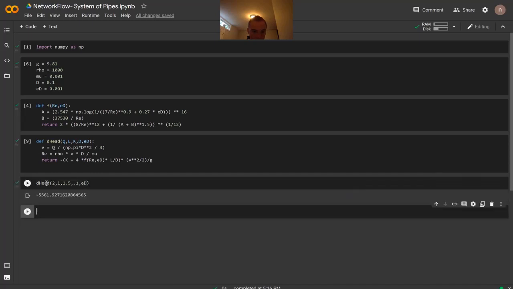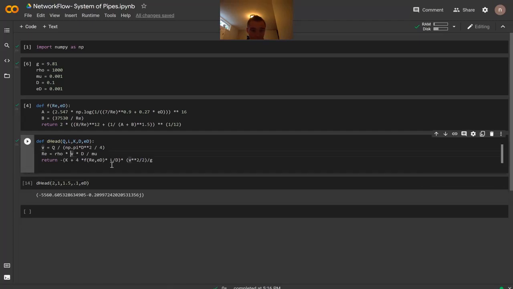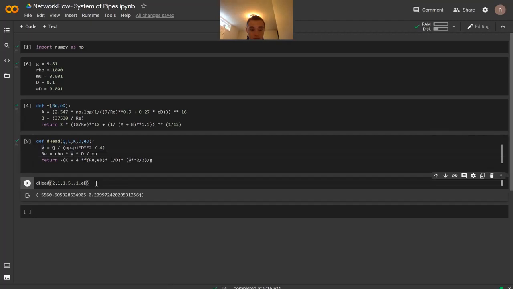Okay, so if we have our negative flow and it is not changing, you can see that a negative flow is going to end up giving us a negative velocity, which will then give us a negative Reynolds number, and we do not want a negative Reynolds number because it's not possible.